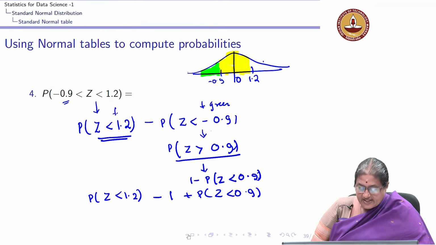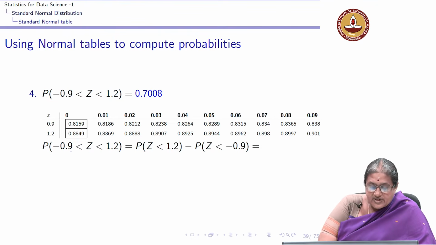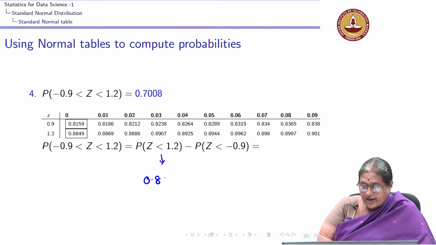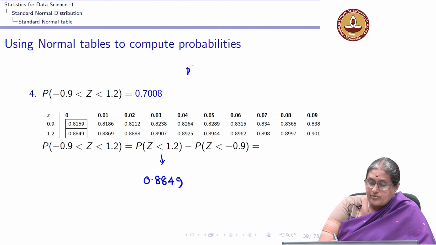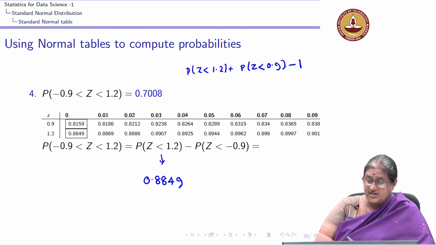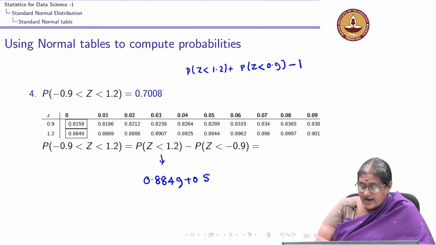What is the probability z is less than 1.2? It is 0.8849. So this is going to be the probability z is less than 1.2 plus the probability z is less than 0.9 minus 1, as we have just established. z less than 0.9 is 0.8159.